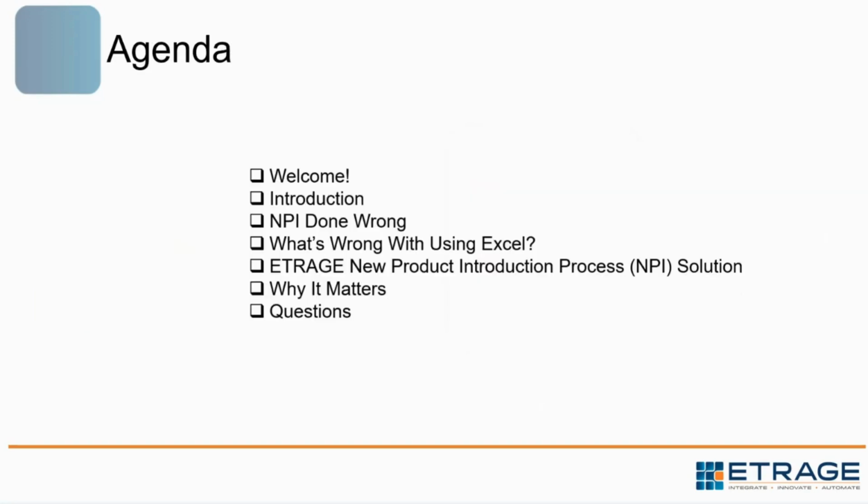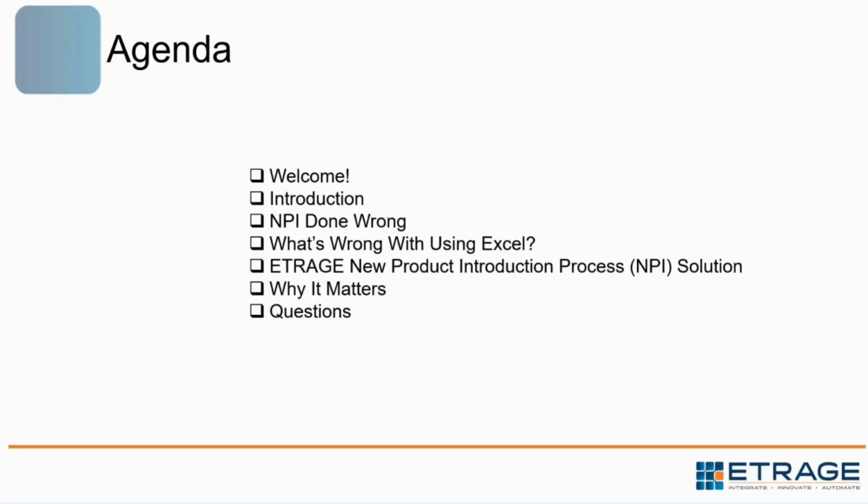So, a quick look at the agenda. We'll start off with some introductions, and some introductory slides about ETRAGE and who we are. Then we'll go into the content of the webinar, where we'll set a backdrop for how NPI can be done incorrectly.